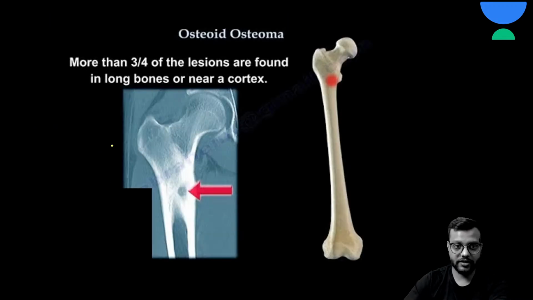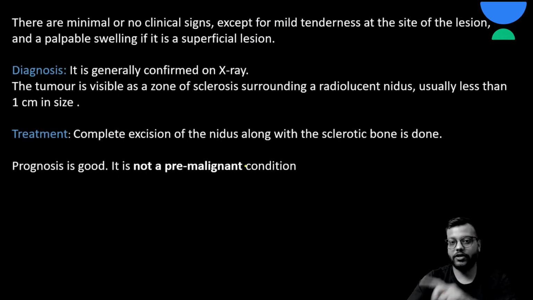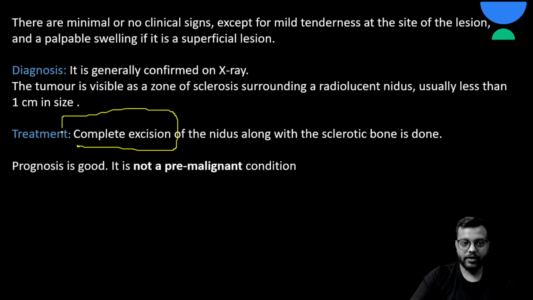See in this X-ray you can easily appreciate कि yes, this is a classical osteoid osteoma in which you can see this nidus here and उसके चारों तरफ a dense sclerotic area.